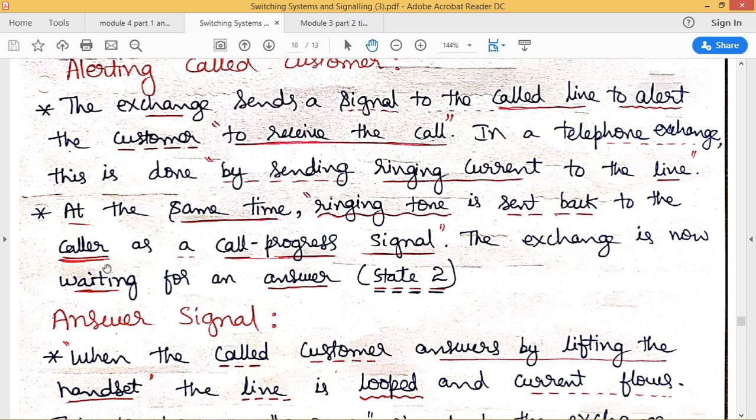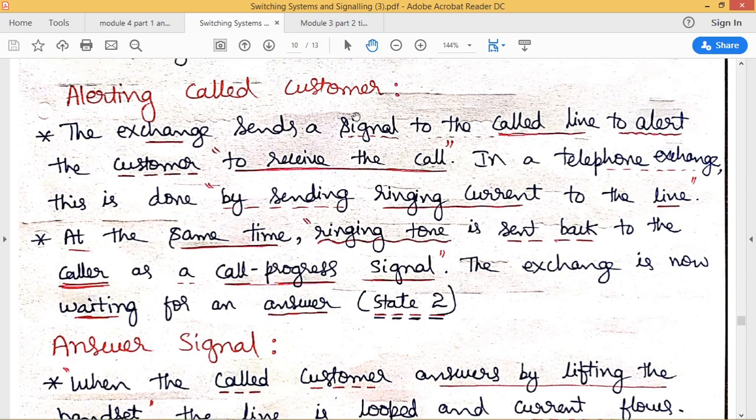The exchange is now waiting for an answer, and we call this alert signal state as state 2.